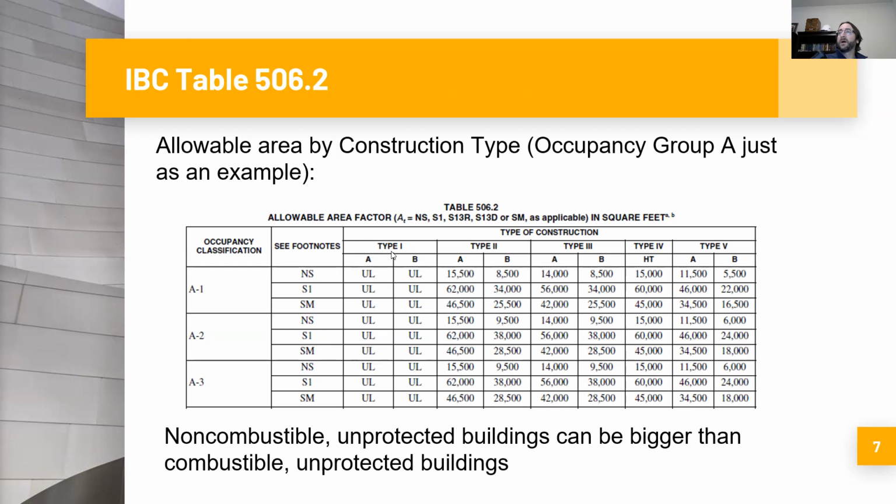And so the point being that combustible buildings are limited in size compared to non-combustible buildings. You can have larger buildings if the building is non-combustible because it's safer. A non-combustible building is safer than a combustible building when it comes to fire.